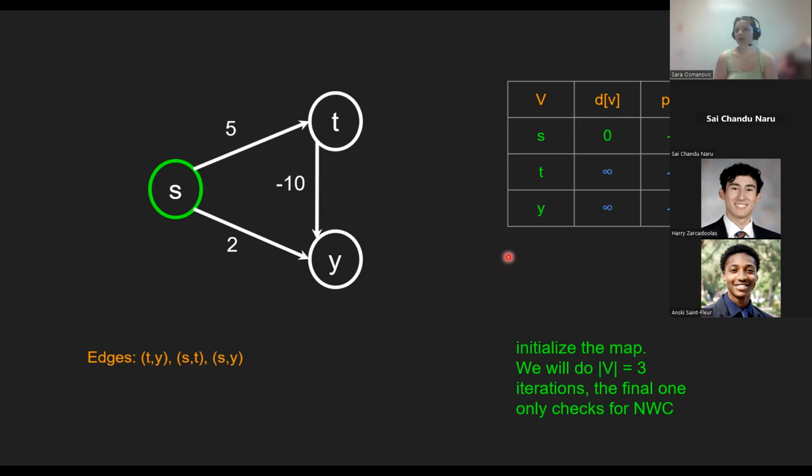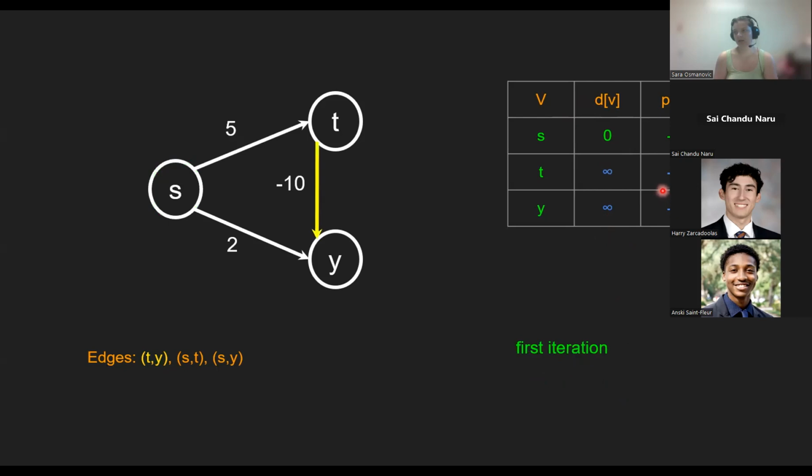So how it works: we have these three nodes with three edges, and they do not form a cycle. We have a table that has the distance and the predecessor, just like in Dijkstra. We're going to start visiting the edges that we have.